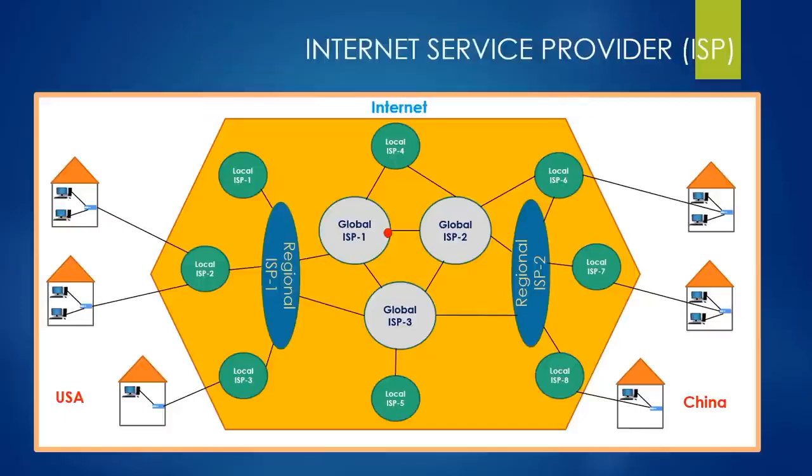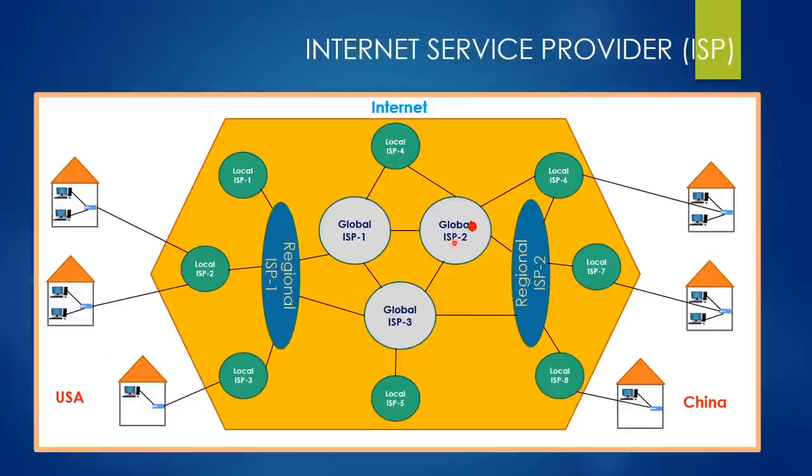Anyway, afterwards, let's say that the packet will be sent from global ISP1 to global ISP2, and there we go. And at this stage, the packet can be sent to local ISP6 or directly to the regional ISP2 or global ISP3. Either way, it will reach its destination. What I am trying to say is, the packet can follow different paths, and I want to show you some of these paths.